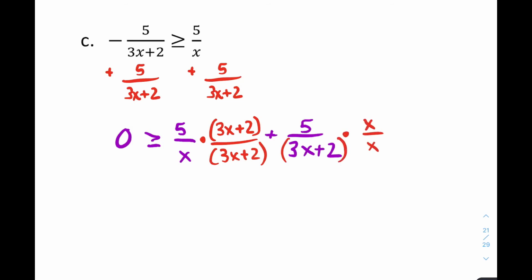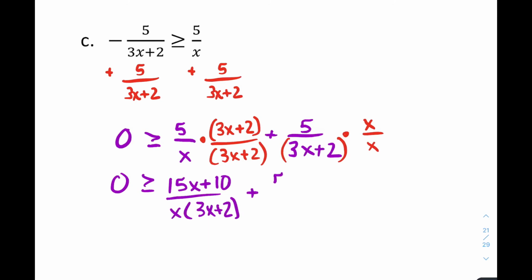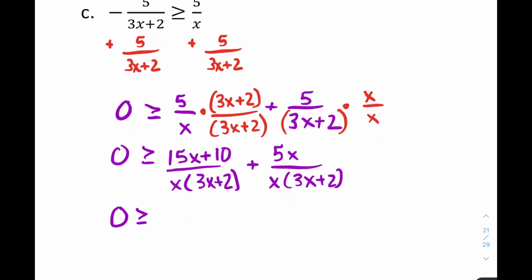And that would, if I distribute, give me 0 is greater than or equal to (15x plus 10) all over x times (3x plus 2), plus 5x over (3x plus 2) times x. Since those are common denominators, I can now add them together and get (20x plus 10) all over x times (3x plus 2).